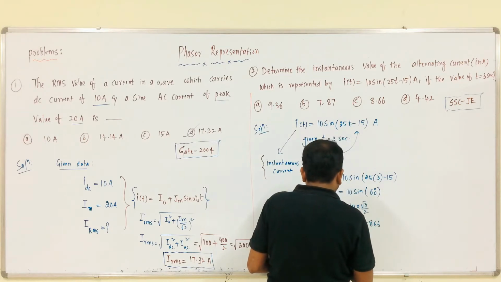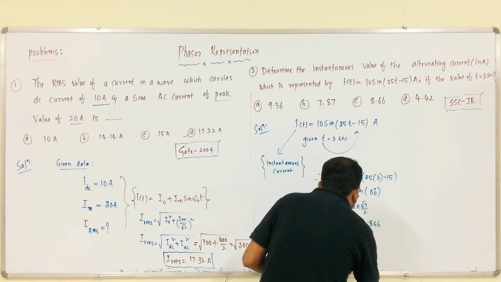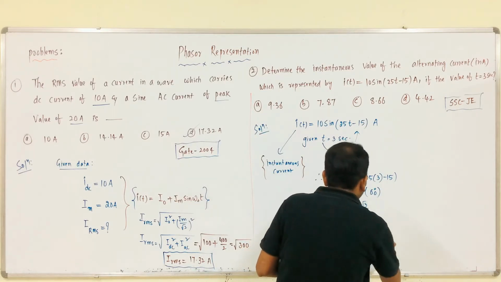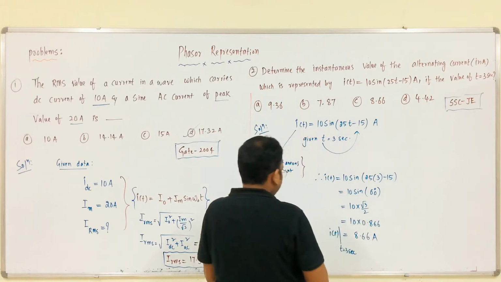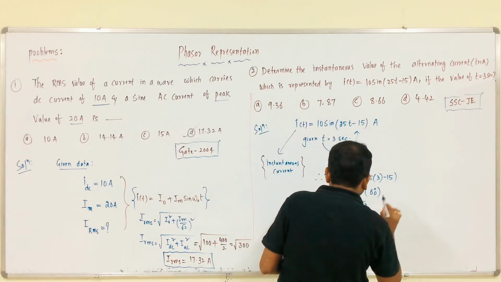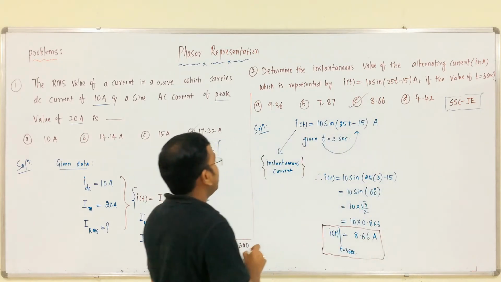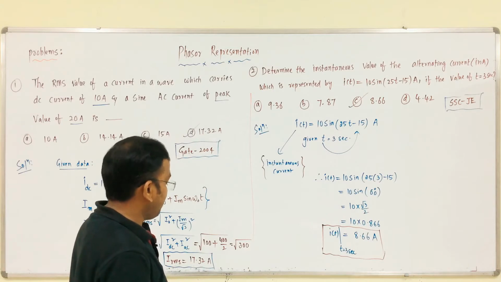This is the instantaneous value of current when t is equal to 3 seconds, amps. That is it, simple. Option C is correct, 8.66 amperes.